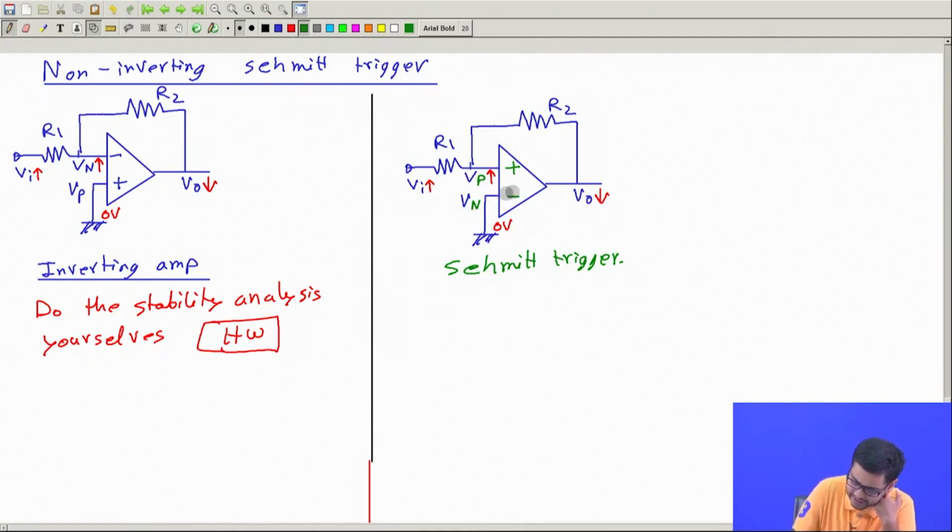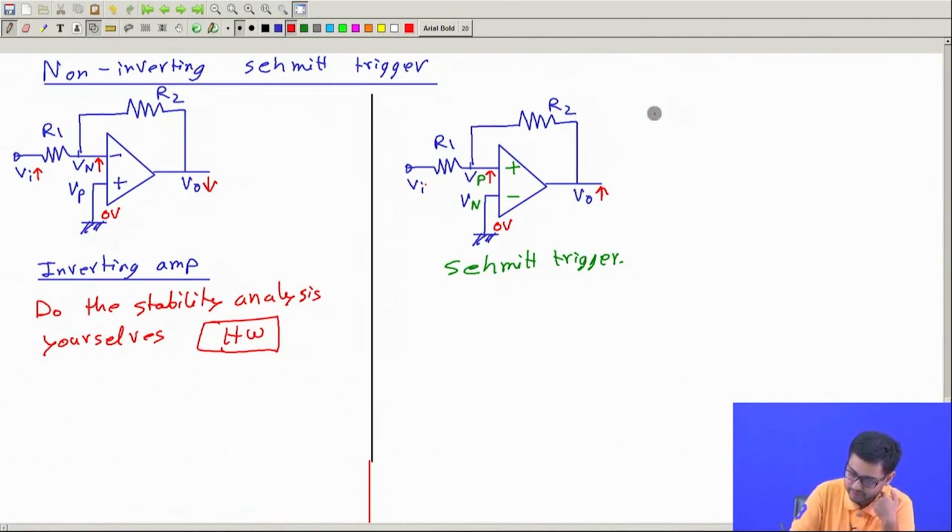Say if at any moment Vp is higher than Vn, then what will happen? Then the output will increase. If Vp is higher, then output will increase, which will cause Vp to increase further, because Vp depends on Vo.